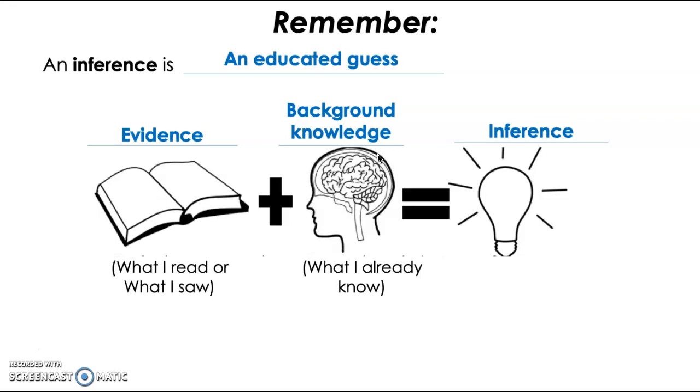So quick reminder, in video 1, we learned about how an inference is an educated guess. Okay, so when we put evidence together, or what we read or what you saw, with background knowledge, what you already know, that equals an inference.